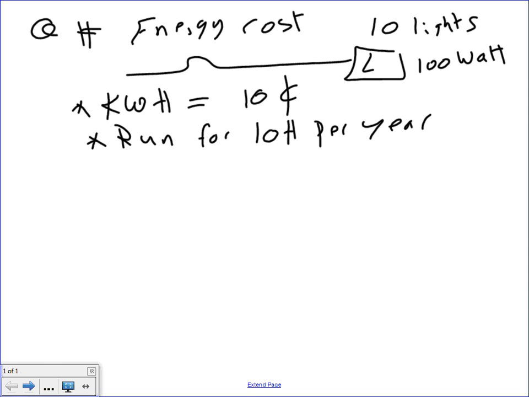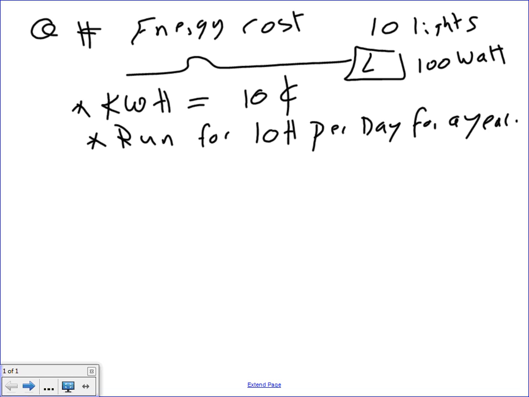Is your year 365 times a quarter? 365 is good enough for us. We'll leave that fraction.